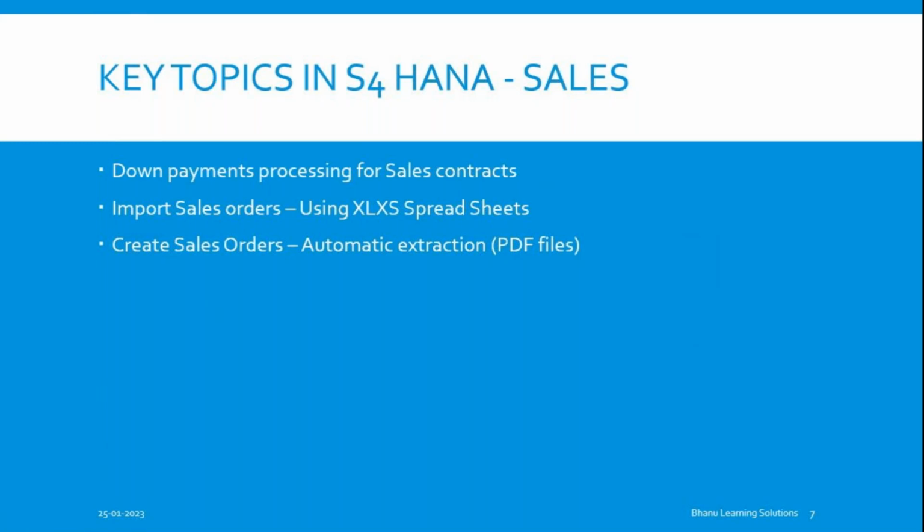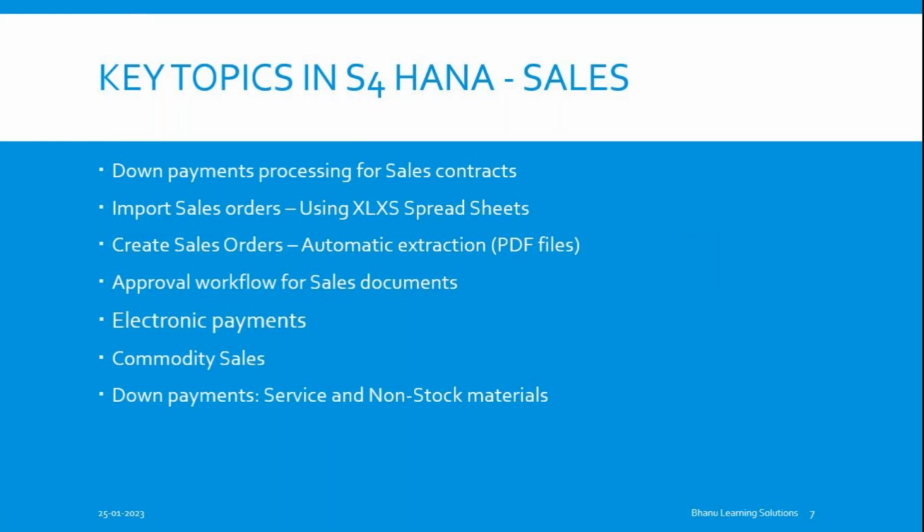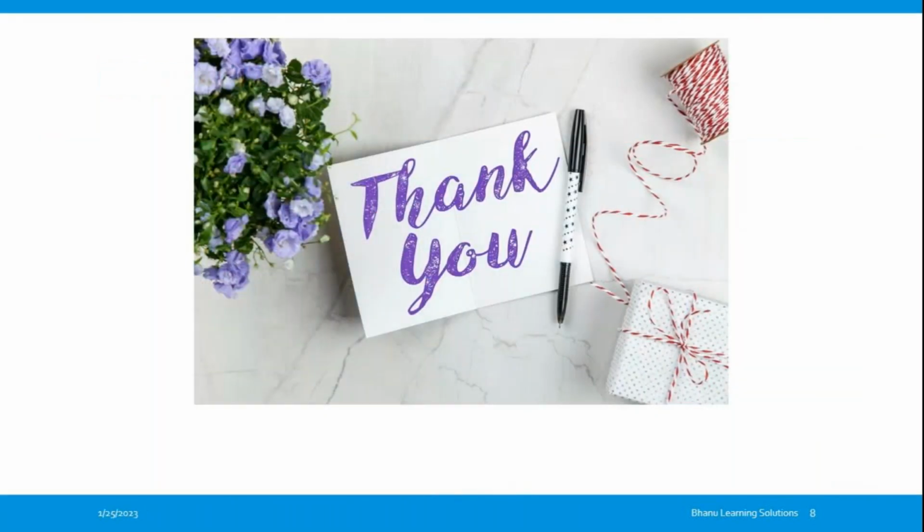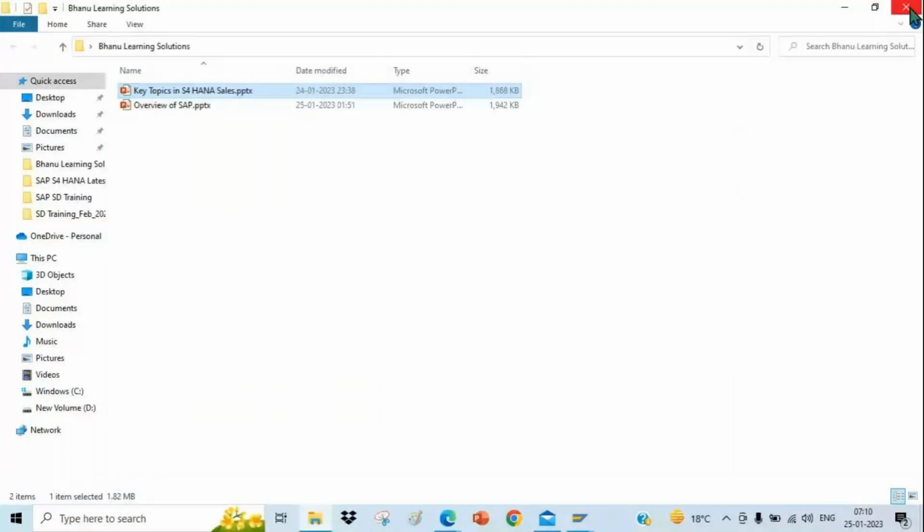If the order is placed in PDF format, you can directly upload the PDF to create the sales order. These are advanced functionalities in the S4 HANA 2021 version. So all these topics will be covered, and there are a lot of new things to learn for people who already know ECC.